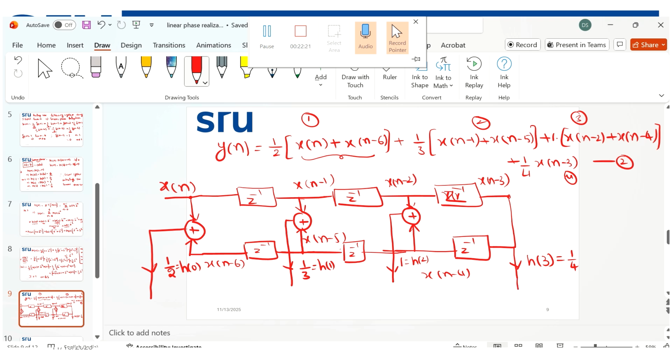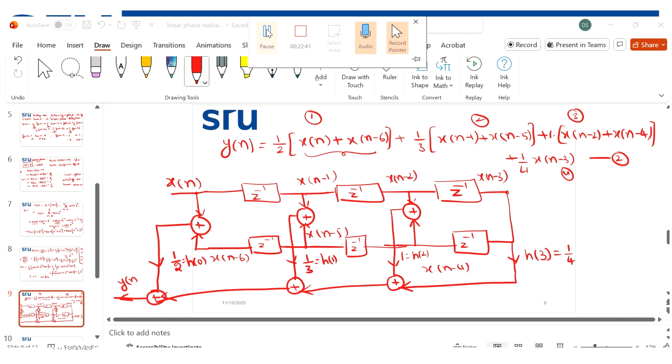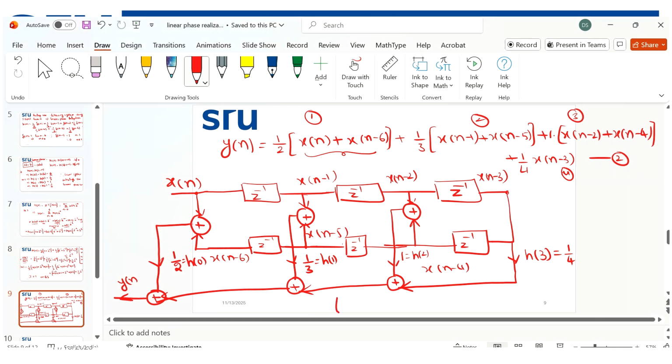Now I am connecting this with one adder with the direction. Again this will connect with one more adder. Now again it will be connected by one more adder circuit. Therefore this is my final output, that is y of n. This is our final circuit for the given impulse response using linear phase realization.